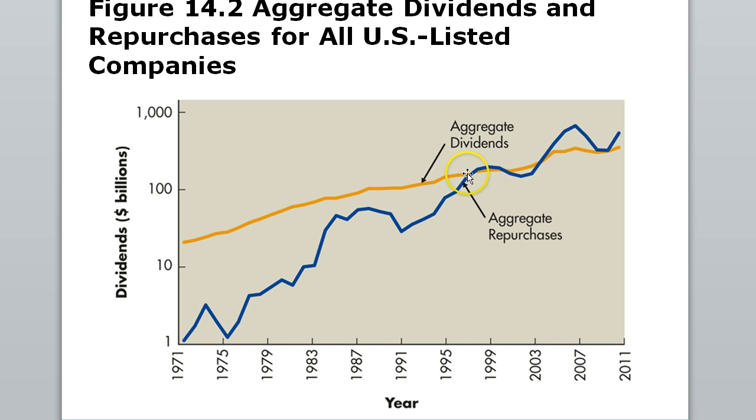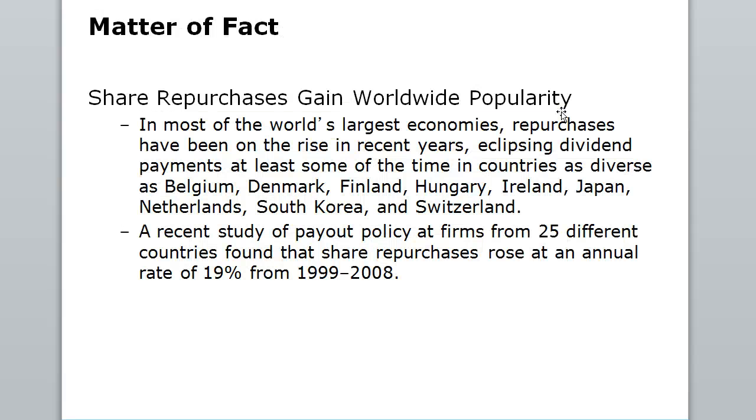Then we see for the first time after 1999 that repurchases are overtaking dividends. During the recession, the repurchases dipped down, and then they expand again after the recession. Then in the 2008 recession, they dipped down again, and now they've expanded even more so. So repurchases have become more popular than dividends over the last 10 years or so.